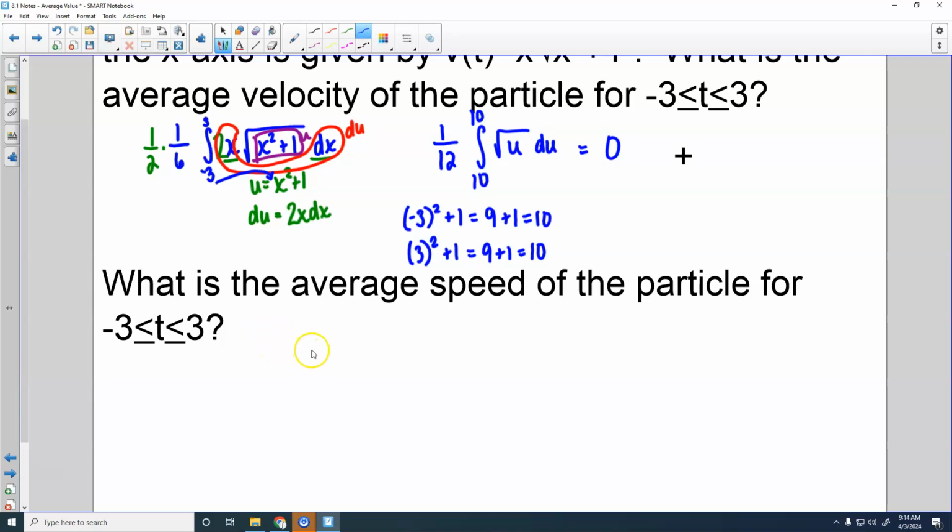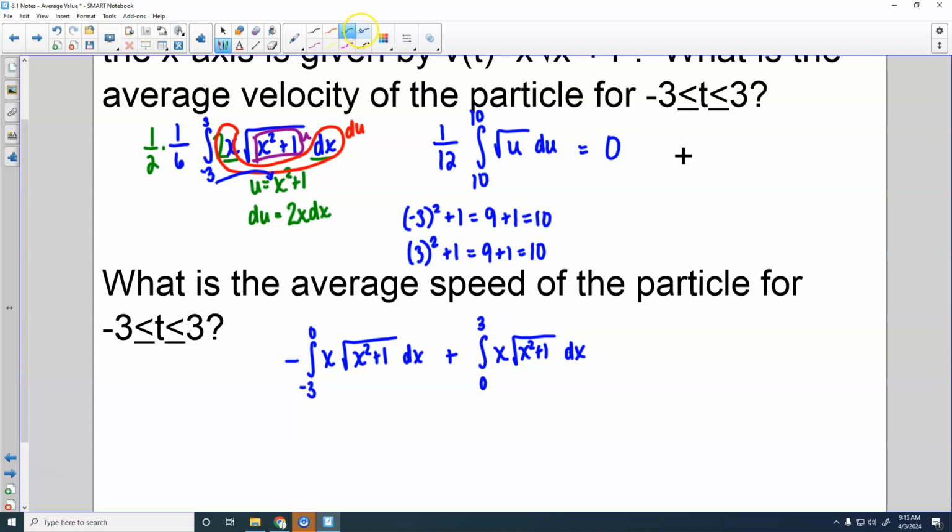We can do the integral from -3 to 0 of x square root of x squared plus 1 dx. And then we can do the integral from 0 to 3 of x square root of x squared plus 1 dx. But I'm going to put a negative out here in front of this one, because I know since the velocity is negative on that interval that I need to put that extra negative to turn it back to a positive.